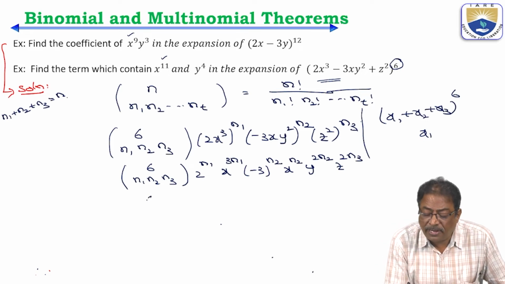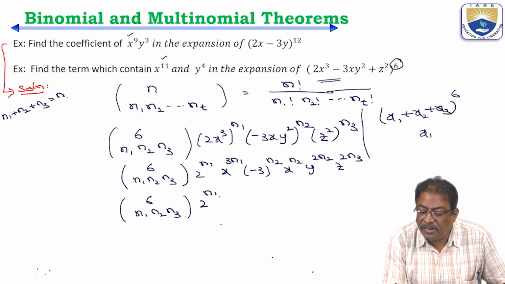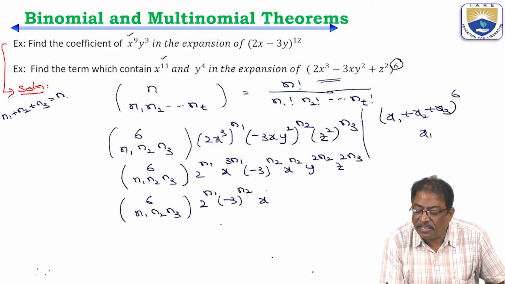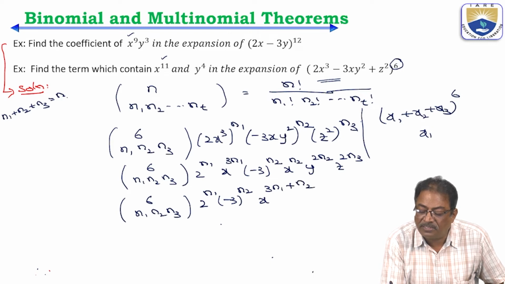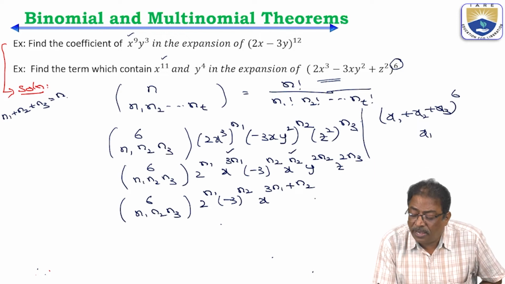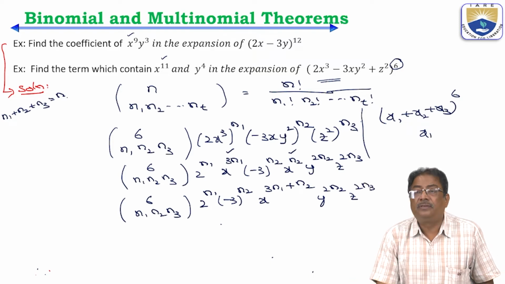Now I am going to write 6 over n1, n2, n3. Then constant terms I am going to write first, and minus 3 to the power of n2. This is 1 constant, and this is another constant. Then x to the power of 3n1 plus n2, I am just considering these two, and y to the power of 2n2, z to the power of 2n3.